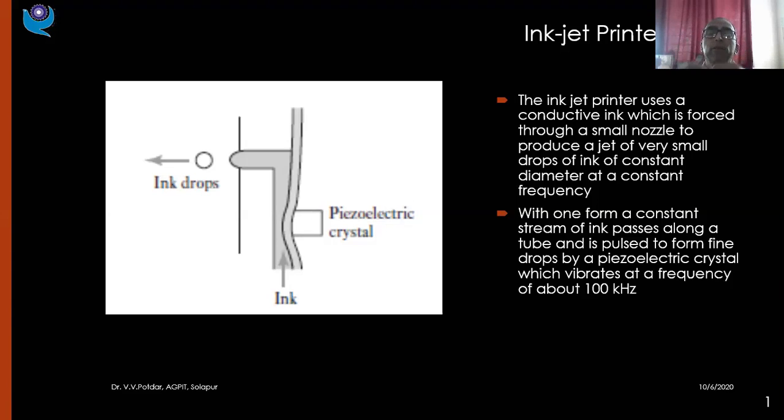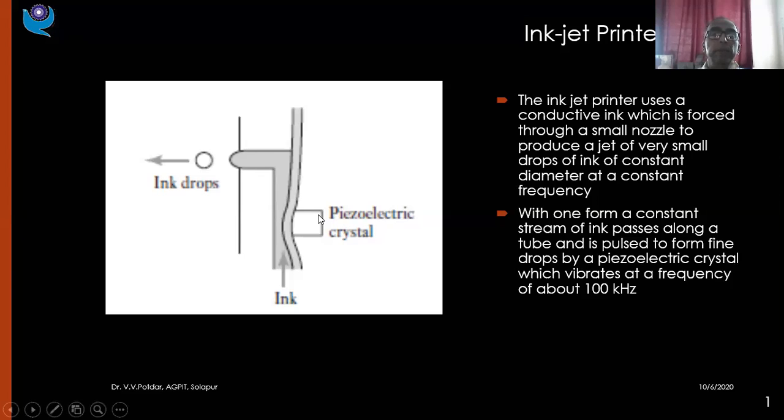provided external voltage. This voltage will be based on the digital data, which is the printable data, so to say. Accordingly, the piezoelectric crystals will be vibrating. They will be exerting pressure, releasing pressure, exerting pressure, releasing pressure. And these vibrations can be to the tune of a frequency of 100 kilohertz.